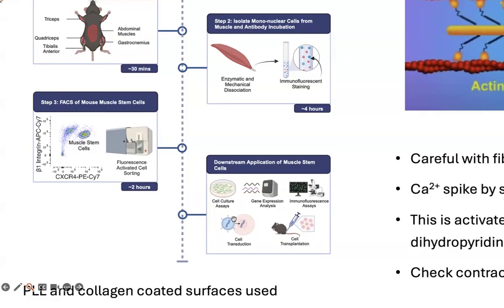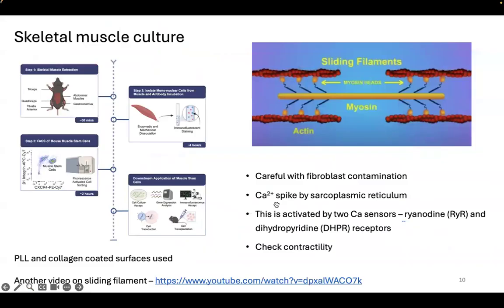And then finally, depending on your downstream application, you now have a pure muscle stem cell culture. Do you want to do some cell culture, some gene expression analysis, put it back in the same or a different organism, or make some changes in those cells, like we discussed, some transgenic things and so on?